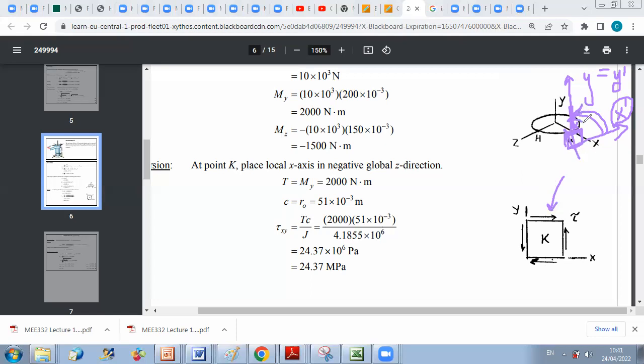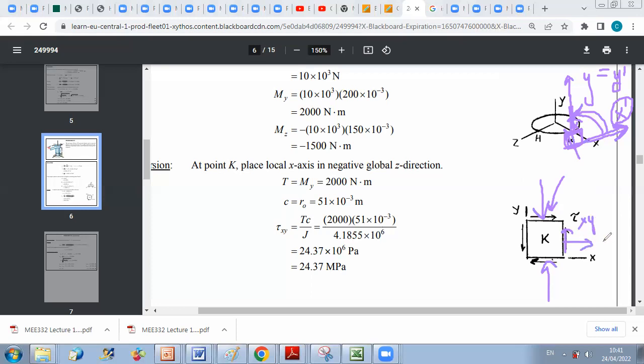And you can compare these axes with the global frame. So as you can see here, the x prime axis is along minus z, and the y prime axis is along y. And then for this element, when you plot your stresses, you can see that you have compressive stresses along the y prime direction, and you have shear in a way that the shear is positive, because as you can see here, this is tau xy.